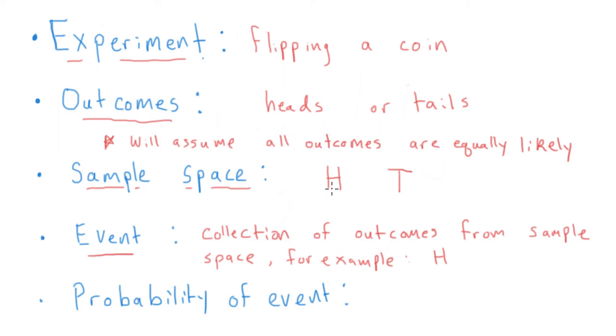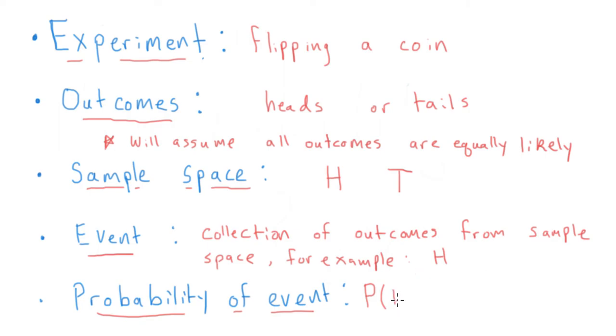So probability comes in and describes the chance or likelihood, typically as a percent, of a particular event occurring when I perform the experiment. So the probability of an event in the notation is typically the letter P, and then in parentheses we'll put the event.